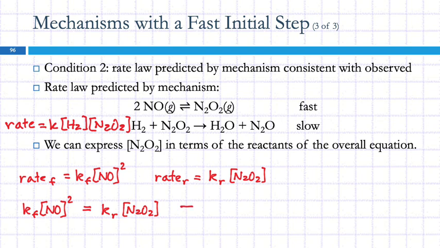So we can rearrange this. N2O2 is going to equal K forward times NO squared divided by K reverse. You see that?